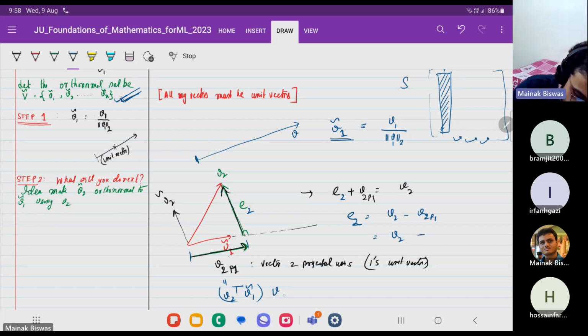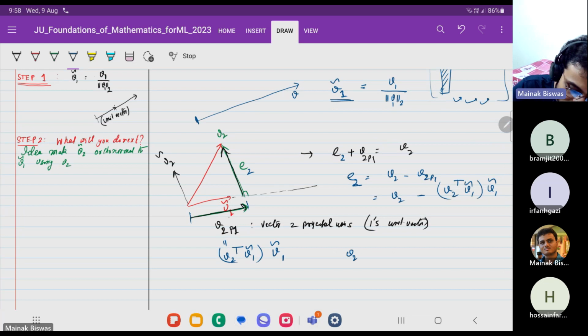Into the vector direction, which is a unit vector in our case now. Agreed? No doubt. So you will get v2 transpose v1 tilde. This is the scalar, the length of the dot product, into the direction of the dot product. So this is going to give you E2.